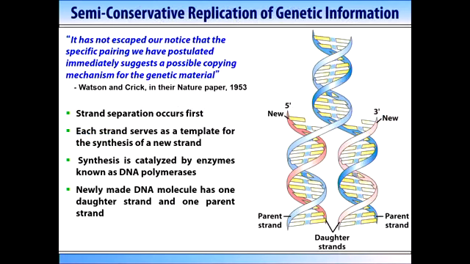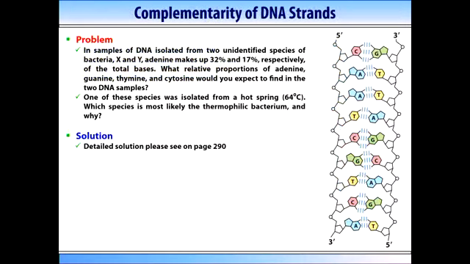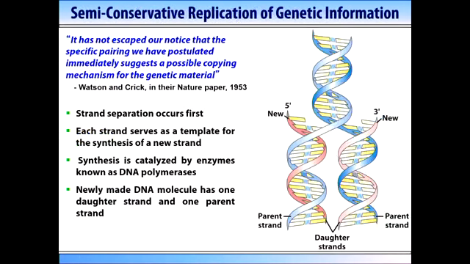One of the main consequences of this double-stranded, or double helical, model of the DNA was the following. That's what Watson and Crick wrote in a Nature paper in 1953: it has not escaped our notice that the specific pairing we have postulated, which they simply copied from Chargaff, immediately suggests a possible copying mechanism for the genetic material.